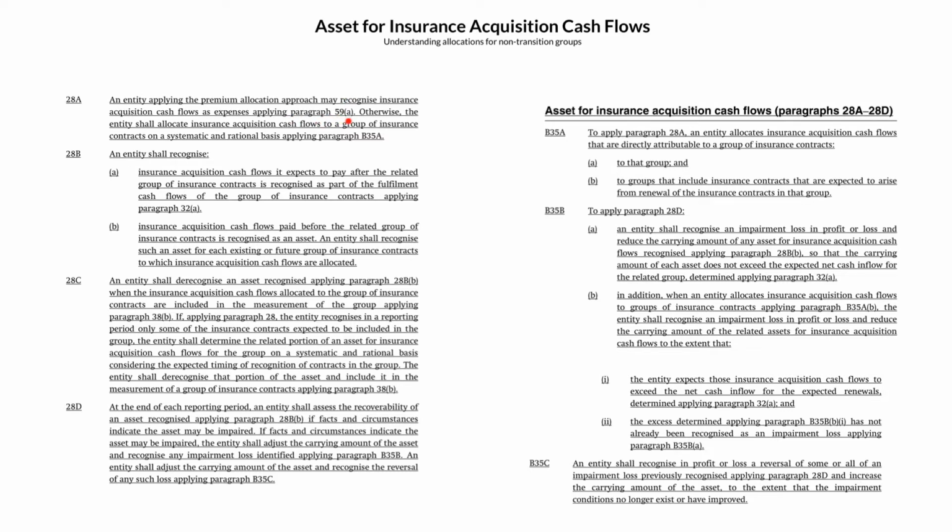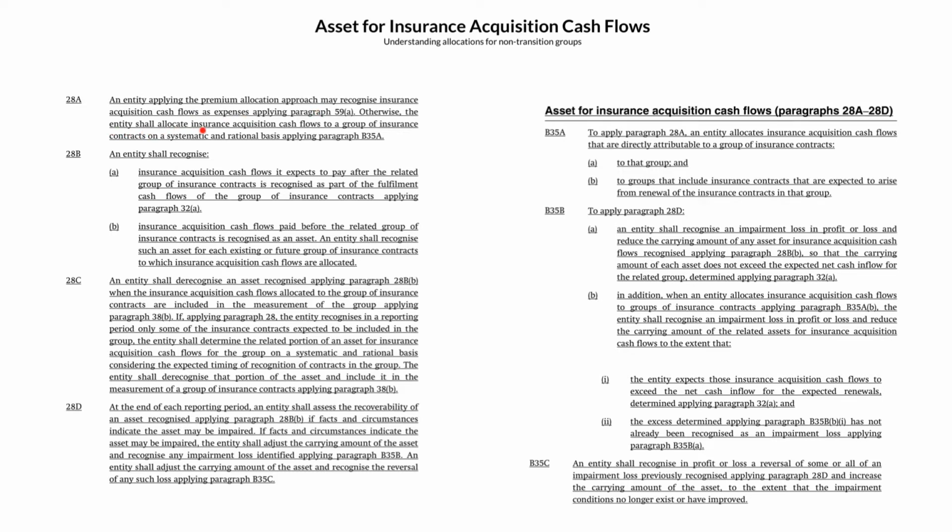Well, paragraph 59A says that if you are applying the premium allocation approach for a group of contracts and every contract in a group has a contract boundary of 1 year or less, then you are able to expense all of the acquisition cash flows immediately when you incur them. Okay, so if that's the case, then when you apply the premium allocation approach, you may expense them.